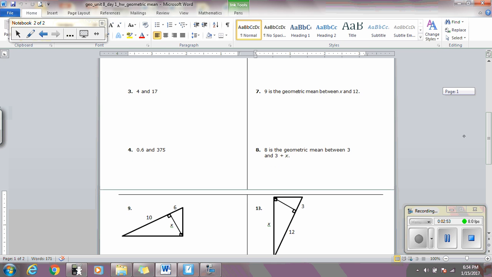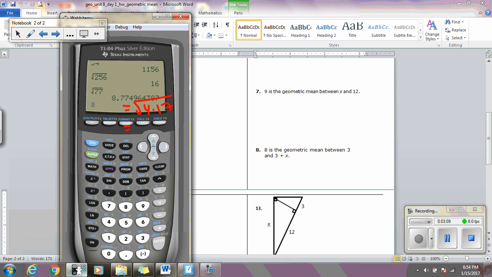Number 3 wants us to find the geometric mean between 4 and 17. So that's equal to the square root of 4 times 17. And to be honest, you don't even have to multiply it before you grab the calculator. Let the calculator do the multiplication for you. I hate for you to mess up.